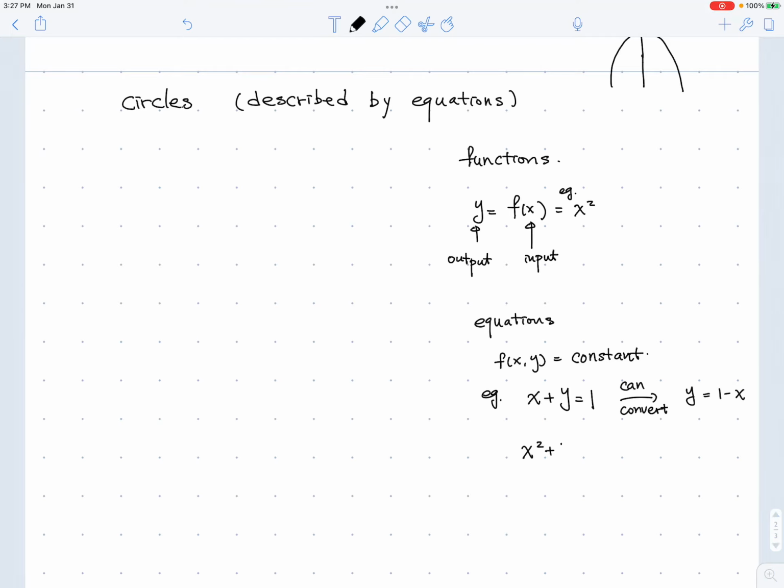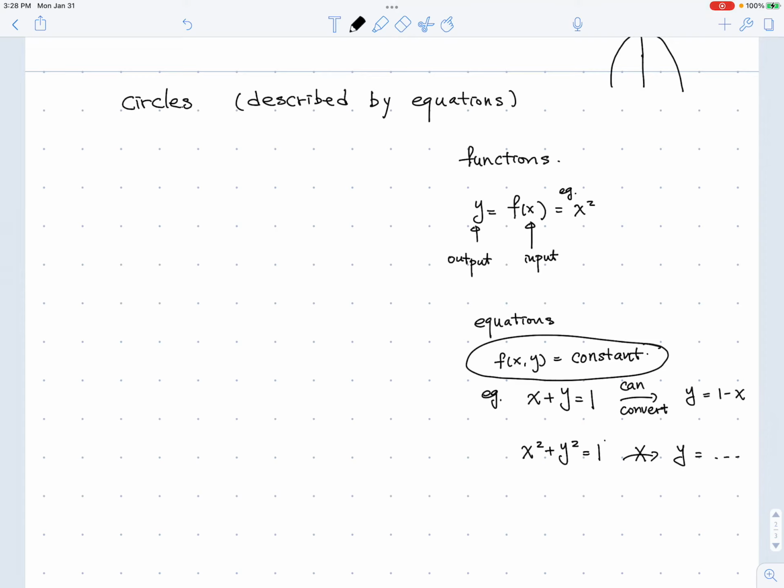For example, if I have x squared plus y squared equal to 1, then I will not be able to use a single y to describe all the points satisfying the equation.